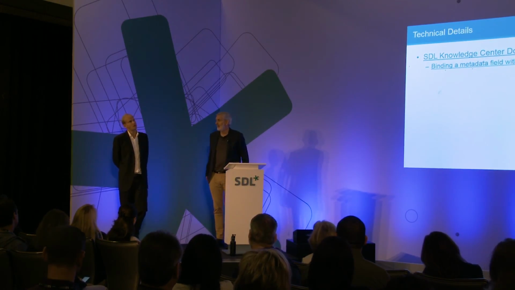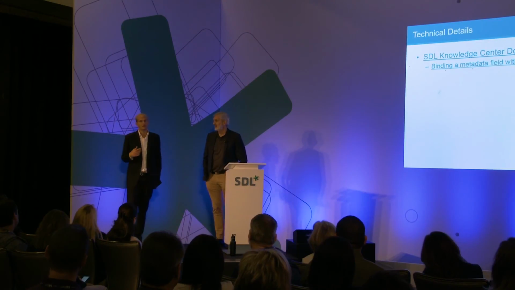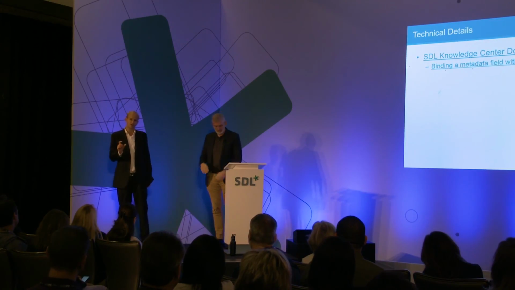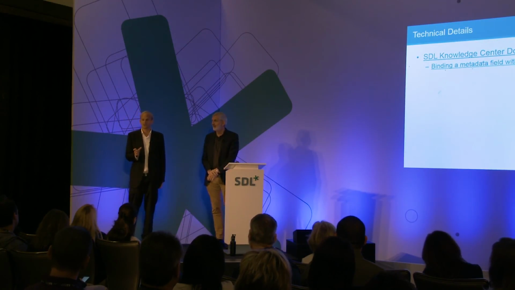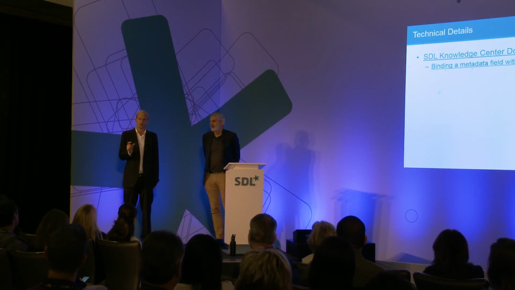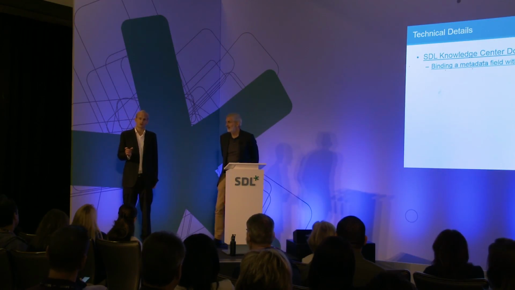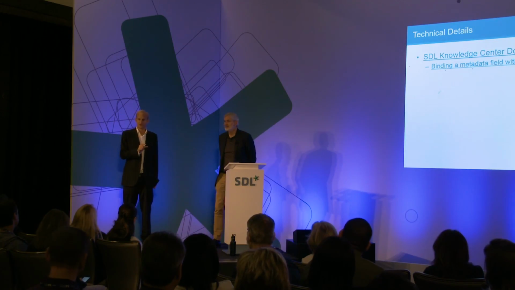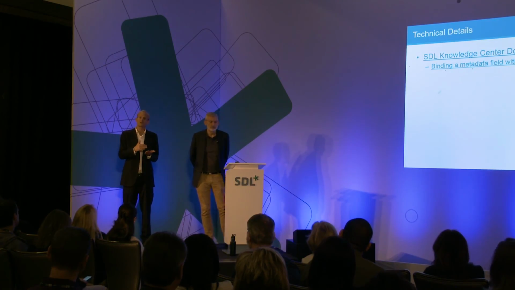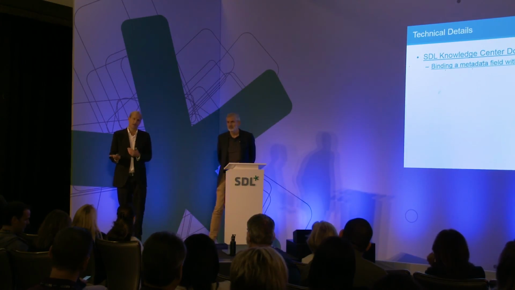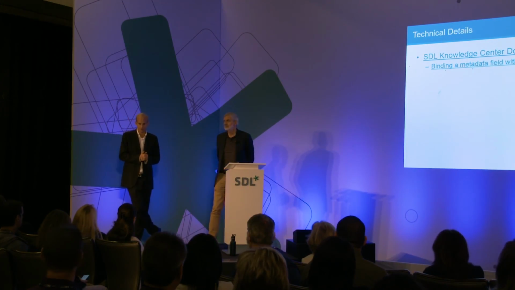Right. So when we apply metadata to content, we never put in the name of the concept. Instead, we put in a GUID or a URI, and that in turn points back to that particular concept within the ontology. There in the ontology is its preferred term, in each of the different languages as well. So if you're delivering through different languages, you can look up the appropriate preferred term.